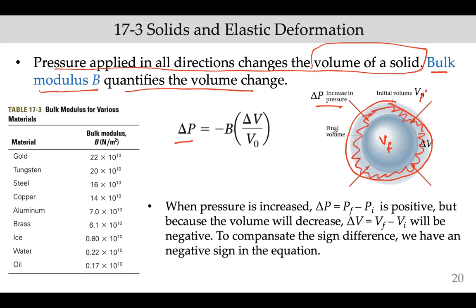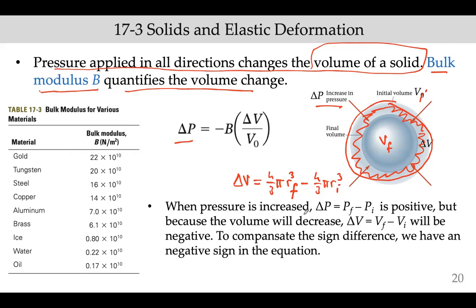If this is spherical like this, to calculate delta V you would write 4/3 pi R final cubed minus 4/3 pi R initial cubed. So this is how we calculate the change of volume.